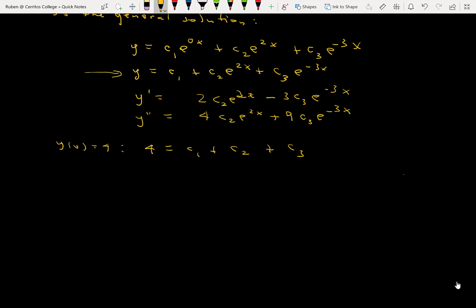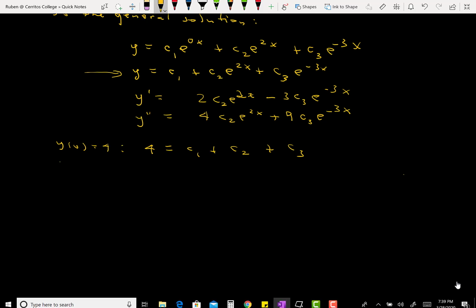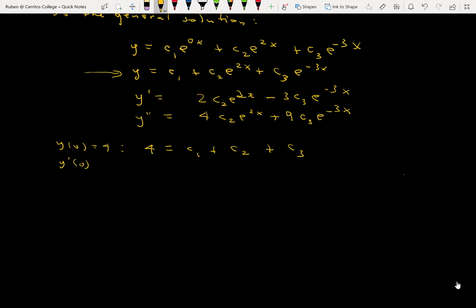We also have that the derivative at 0 needs to equal negative 17. So negative 17 should equal our first derivative when x equals 0. This says that negative 17 should equal 2C2 e to the 2x minus 3, oops, oh my goodness.